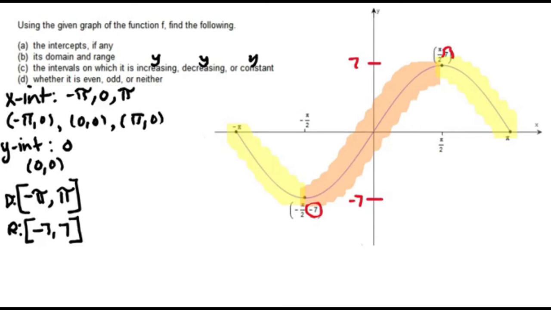So let's label that with decreasing, increasing, and decreasing. So now that I have it labeled, I'm going to pay attention to the intervals where the function is increasing, decreasing, or constant.